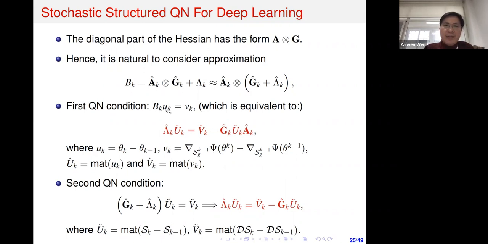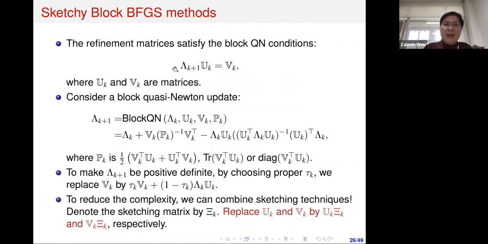Then we plug into the quasi-Newton condition. This is the standard quasi-Newton condition, and then our new quasi-Newton condition is in this way, by using this form. Or we can approximate the G in this form directly, and then our quasi-Newton condition is in this form. So in summary, the refinement matrices must satisfy the block quasi-Newton condition in this way.